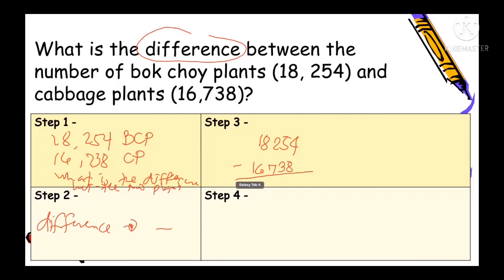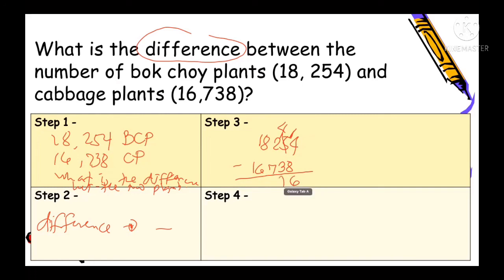What is 4 minus 8? Can or cannot? Cannot. So what are we gonna do? We will borrow from 5. Very good. So 5 will become 4, and 4 will become 14. Correct? So what is 14 minus 8 now? 14 minus 8 is 6. Good.